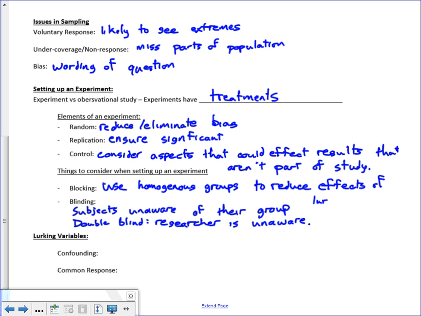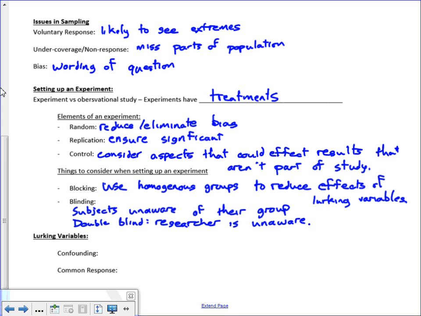I know the AP test loves to do something where a farmer's planting crops next to a river, and so in order to account for the effect of the river, you'd have to set up your block accordingly. You'd have a block next to the river, a block a little bit further away from the river. I've seen questions with windows. So with blocking, you just want to somehow set it up where you already know there's a variable, and so you're going to account for that on the front side.